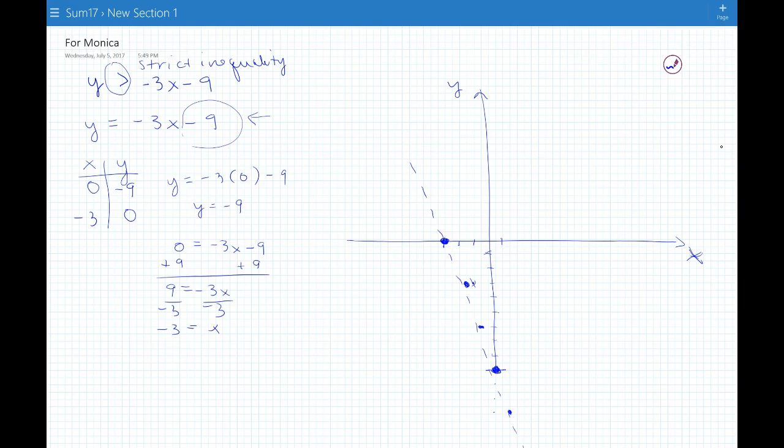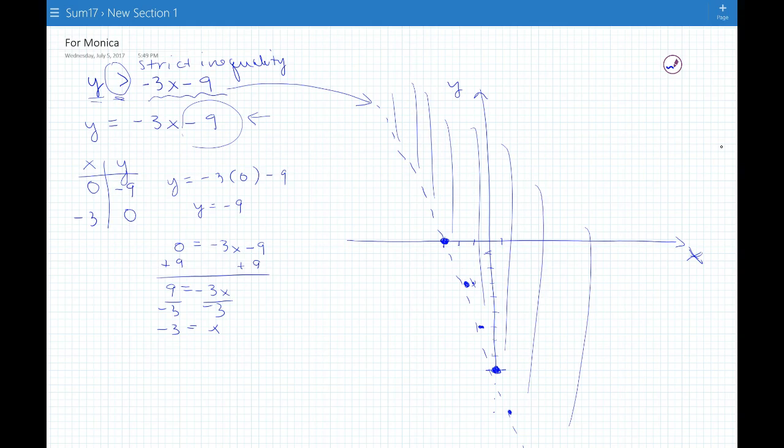I usually take my straight edge and use it to draw the dashed line. So this line is this line right here, and now we need to figure out which side of it to shade. So we want the y values that are bigger than the points on this line. So that tells me I want the y values that are above the line.